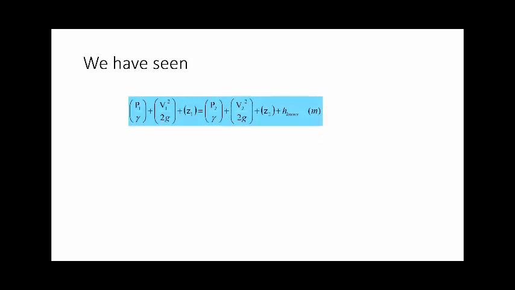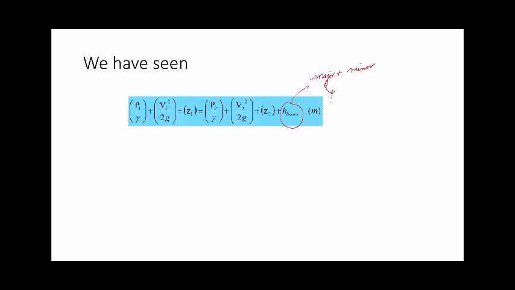I want to talk about the different forms of the Bernoulli equation because now we're going to expand your horizons and use the Bernoulli equation in other ways. So we have seen the Bernoulli equation in terms of a head, and we mentioned that these head losses were the combination of major losses plus minor losses, right?